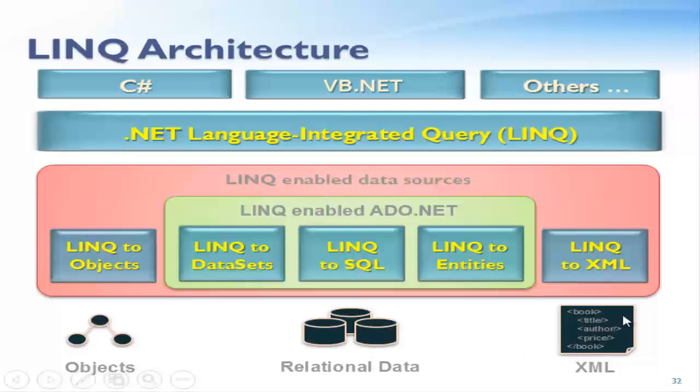For every type of data source, we have a provider. Suppose you want to interact with XML using any of the programming languages, then you use Linq to XML, and that will interact with the XML sources. If you want to interact with objects, then you have Linq to object. And you have Linq to ADO.NET, which has a subset.